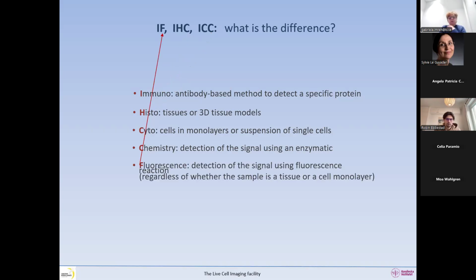And the F comes from fluorescence, meaning that we detect the signal using fluorescence. And this is regardless of whether the sample is a tissue or a cell monolayer. So now we have a little idea what all these abbreviations actually come from and mean.